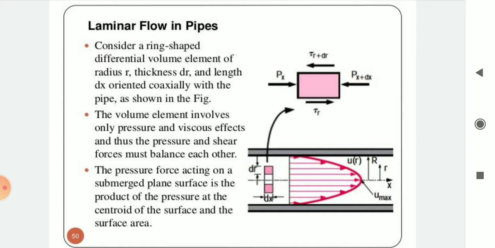The pressure force acting on a submerged plane surface is the product of the pressure at the centroid of the surface and the surface area.